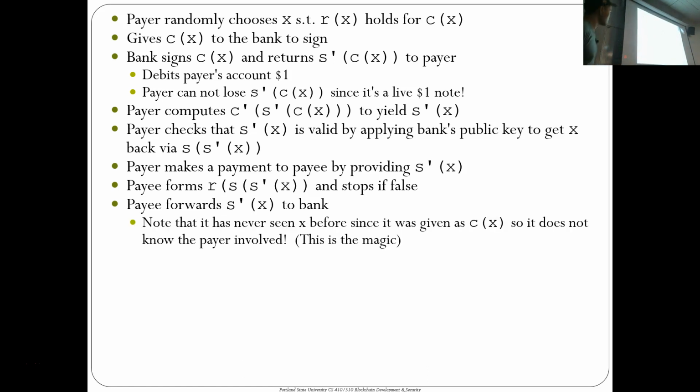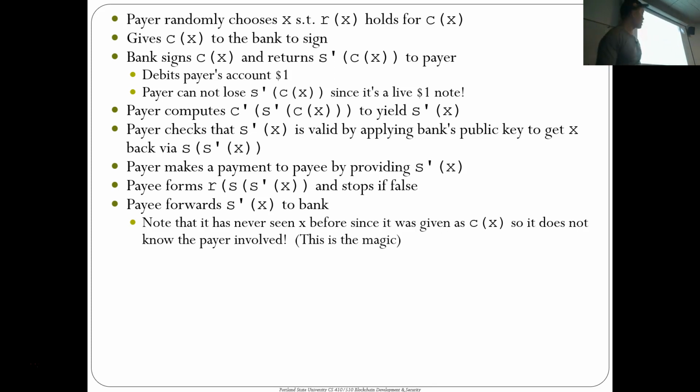Then the payee is going to forward S prime of X to the bank to say, this is my proof that the payer wants to transfer me $1. And then the bank is going to add S prime of X to a log of notes that have been spent, because you don't want double spending. If someone else gets S prime of X, someone else could also replay that transaction and try to get another dollar.